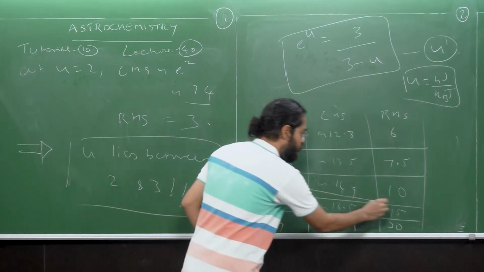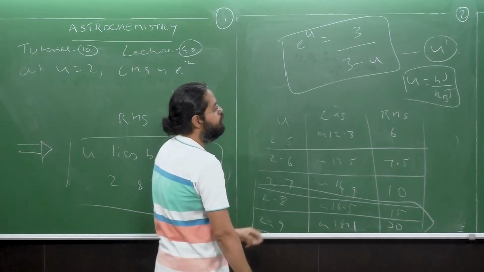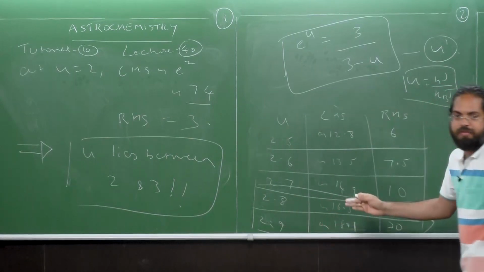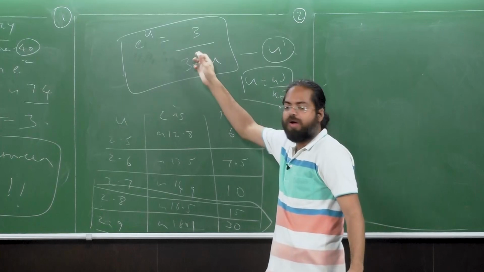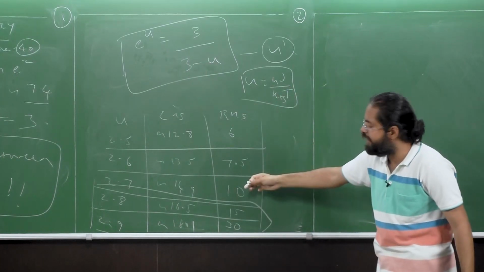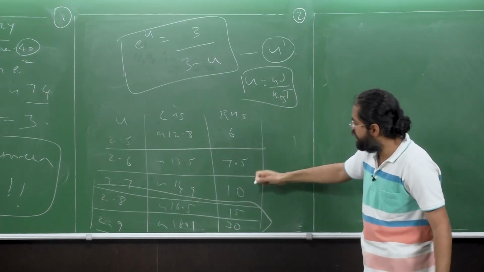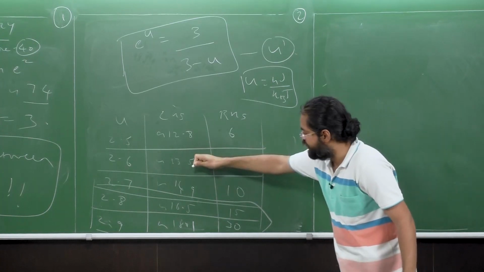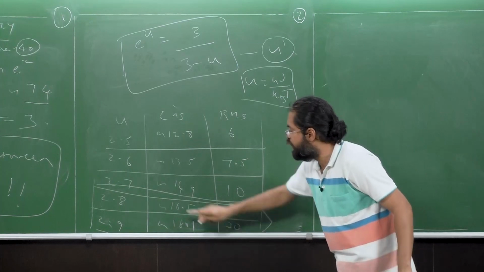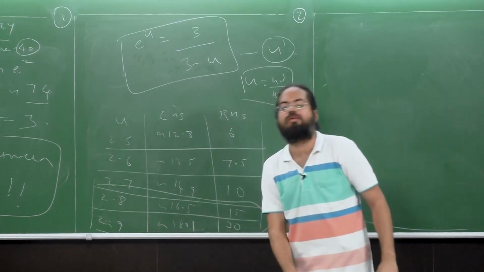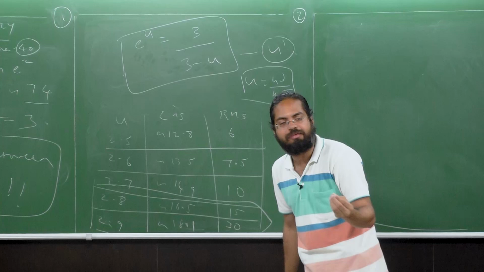This implies, right? You get me, right? The point of solving an equation is to make the LHS equal to RHS. We have painstakingly obtained that, until some point, the RHS was less than LHS. But suddenly, when the RHS is greater than LHS, we know that the solution is somewhere between 2.8 and 2.9, correct?